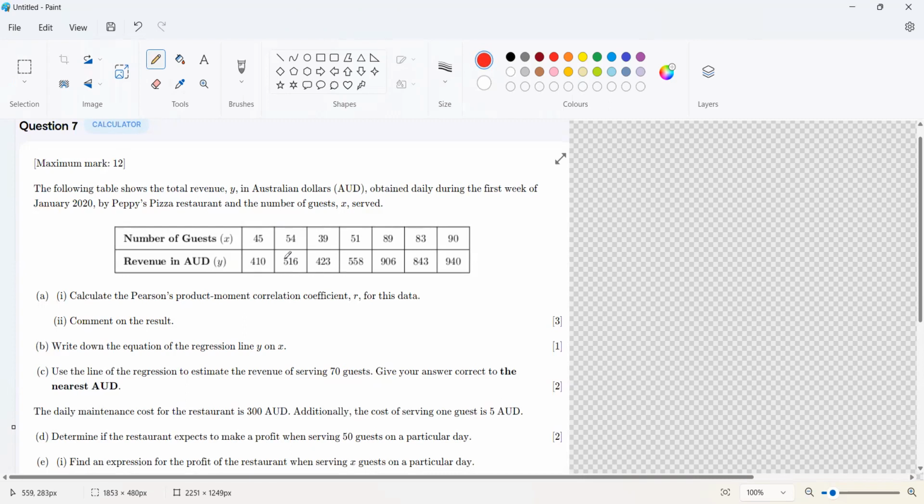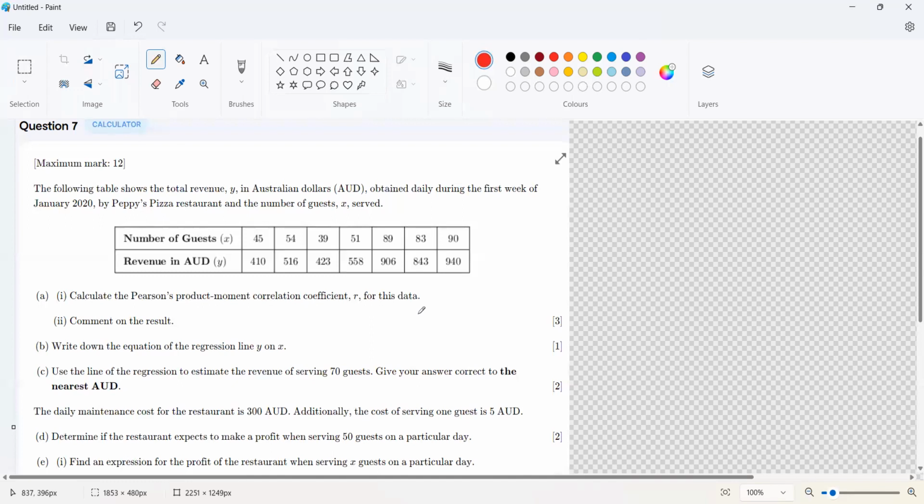So I can see generally it is happening when the number of guests is higher, the revenue is also higher. It could be seen in most of the columns that when the number of guests is increasing, the revenue is also increasing.